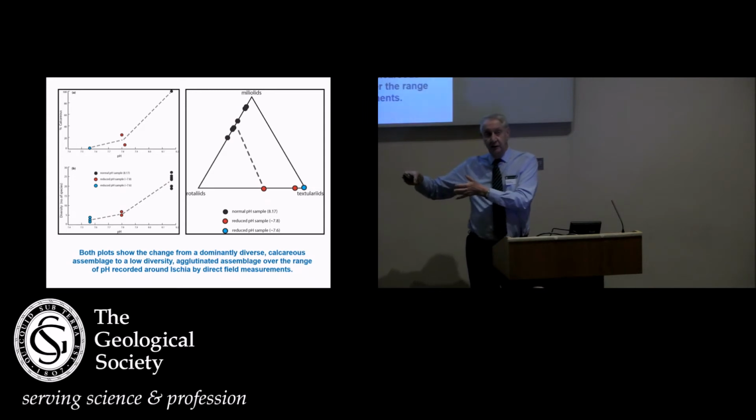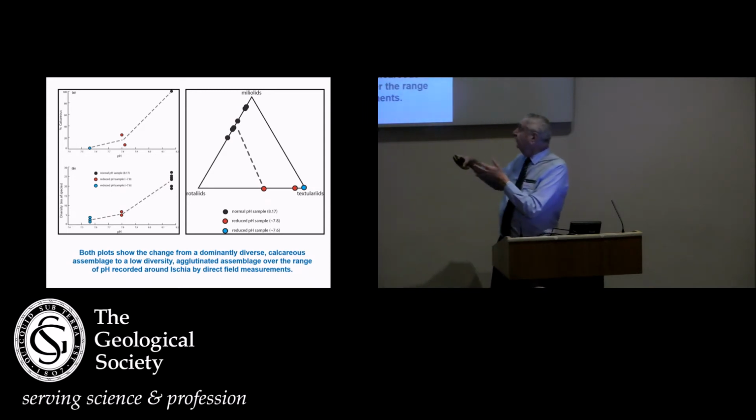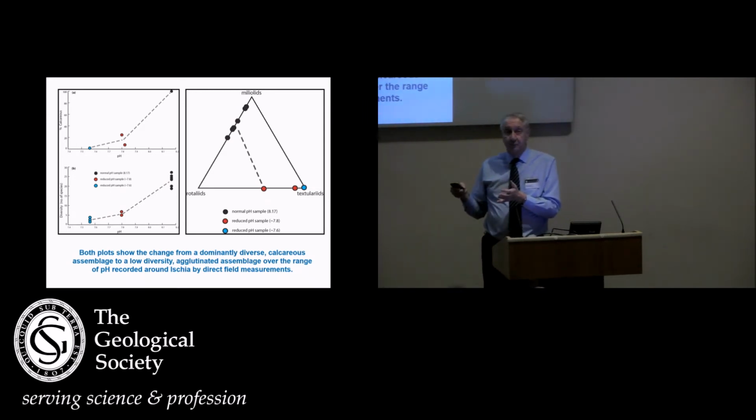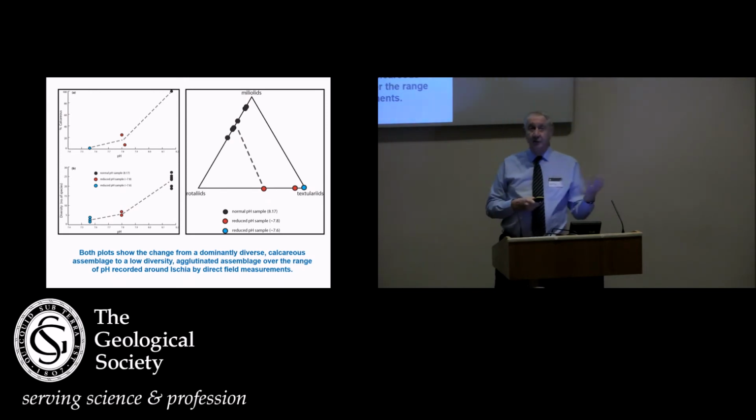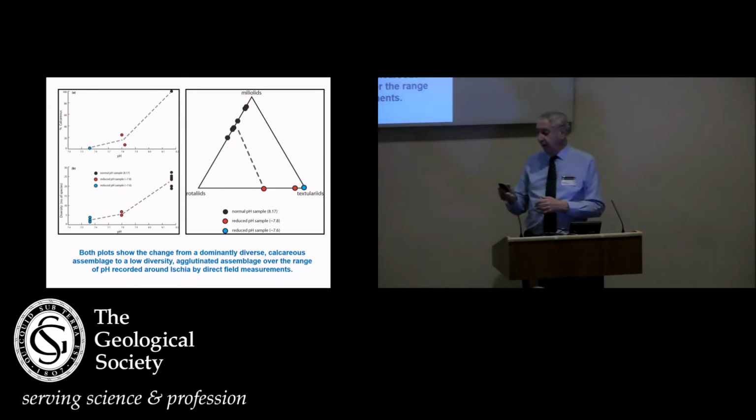The calcareous things can't cope with a pH of 7.6. Now, this is a static environment. This is settling down to that, and the diversity drops as well, and the composition drops. So we know what the benthic foraminifera should do if they're suffering acidification.